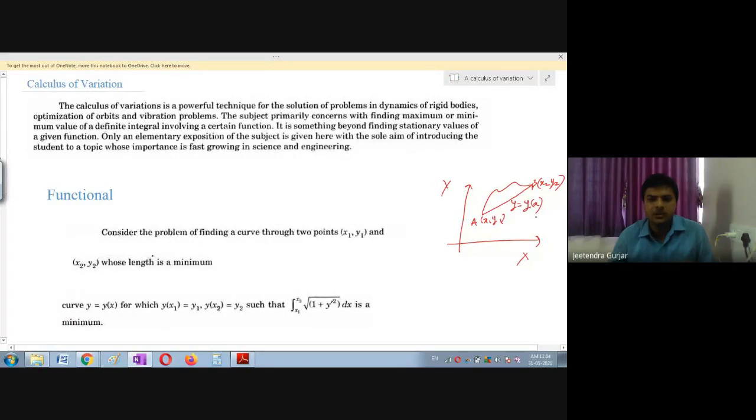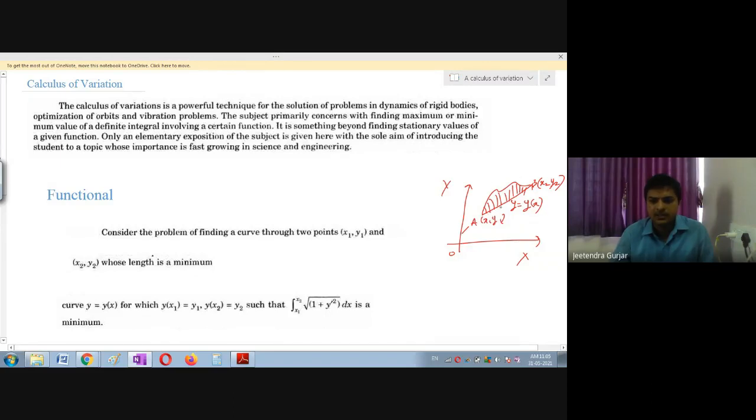So this is how we are going to calculate the curve, and we will see what the length is. We'll discuss what the area is, how much area is covered, right? All these things we are going to study in the calculus of variation. You should also remember that from A to B, maxima is there and minima is there.